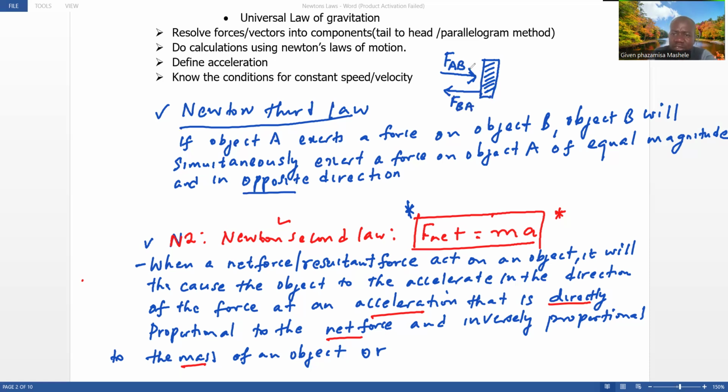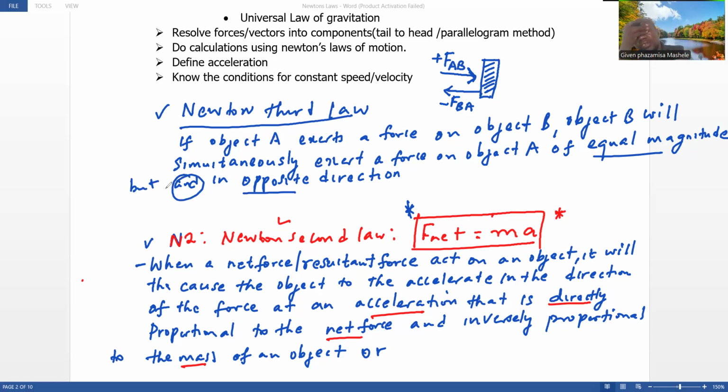In the opposite direction. Of equal magnitude, but in what? In the opposite direction. That is according to Newton's third law of motion. It says if object A exerts a force on object B, B will simultaneously exert a force on A of equal magnitude but in opposite direction.